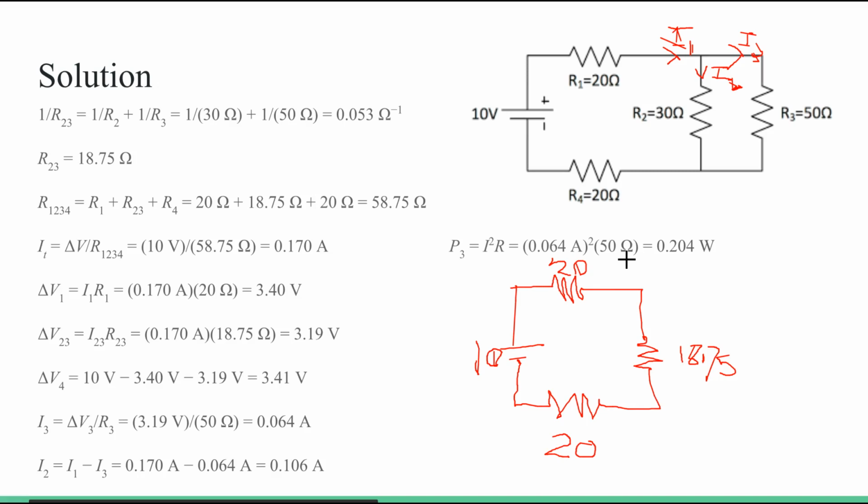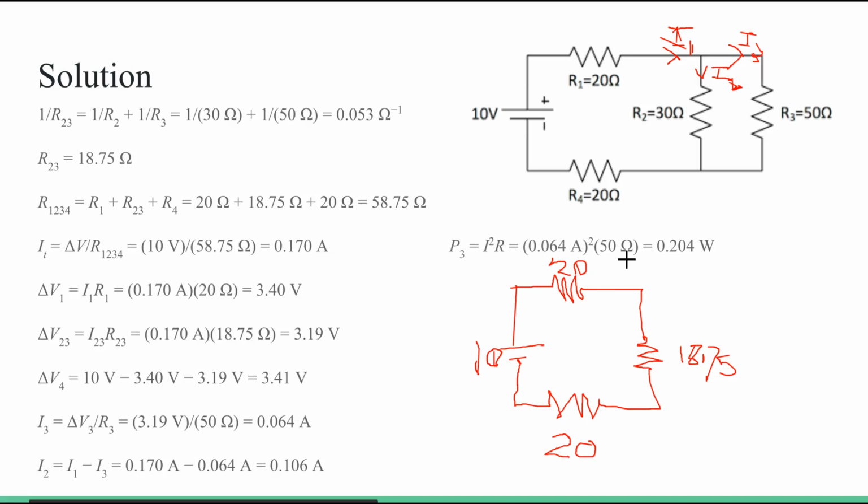So now the final part will be to find the power through resistor R3. You could just use I squared R or I delta V. We know all the parts now. So I'm just going to use I squared R: 0.064 amperes, square that, times 50 ohms, equals 0.204 watts. Okay, so 0.204 watts.